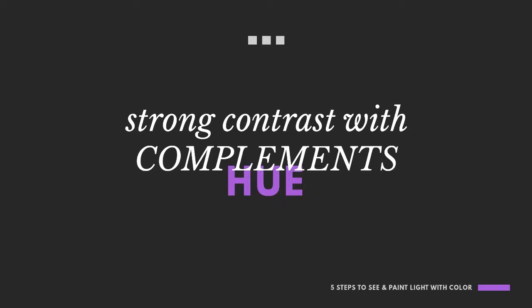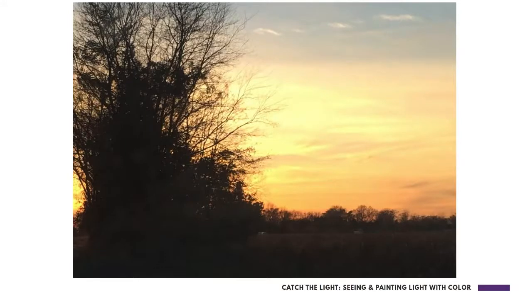You also will have a strong contrast with complementary hues. So let's look at the dominant colors here. The predominant hue of the land is an underlying violet color. It's slightly dulled, but it's a very, very dark violet.